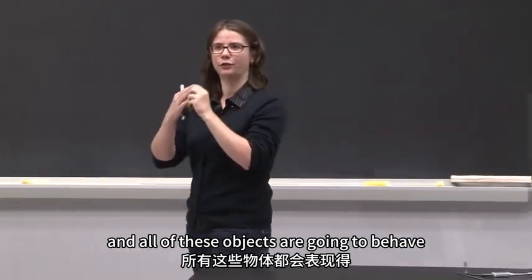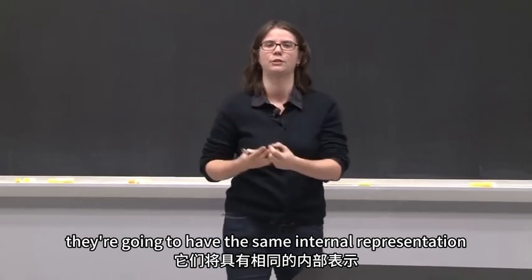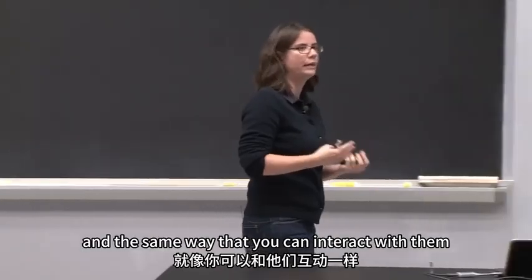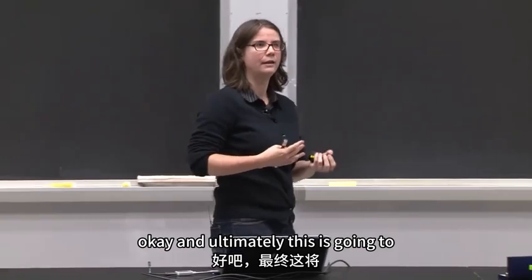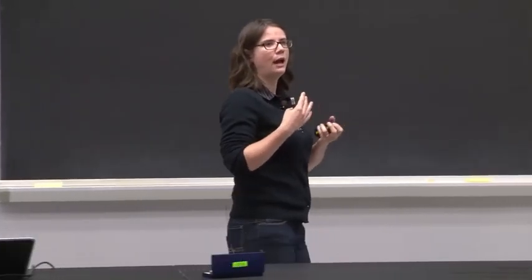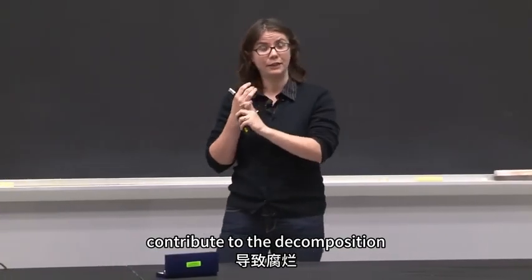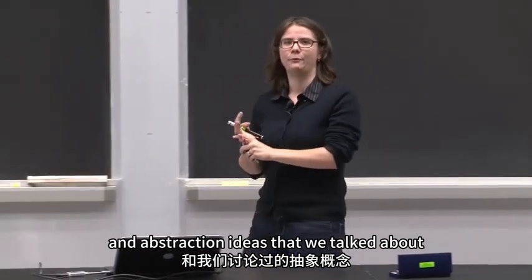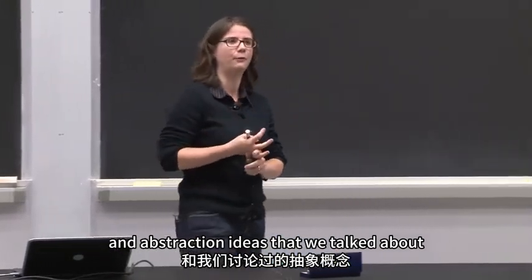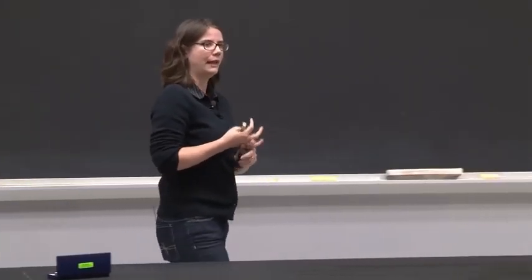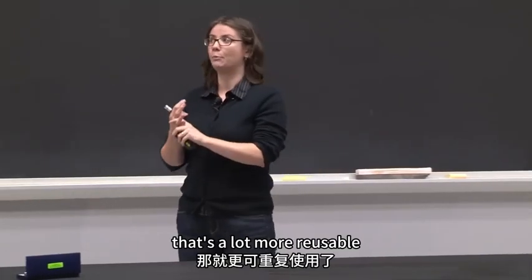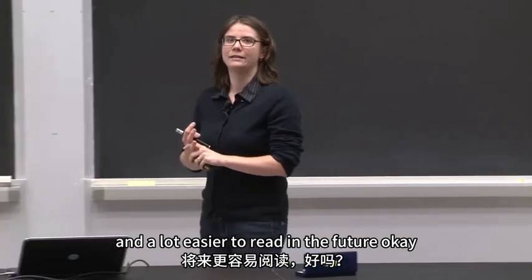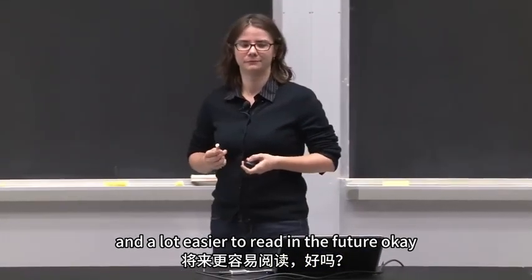And all of these objects are going to behave the exact same way. They're going to have the same internal representation and the same way that you can interact with them. Okay? And ultimately, this is going to contribute to the decomposition and abstraction ideas that we talked about when we talked about functions. And that means that you're going to be able to write code that's a lot more reusable and a lot easier to read in the future. Okay.